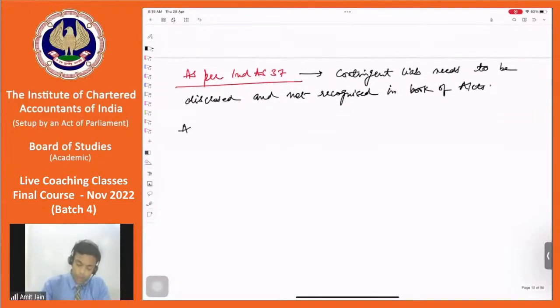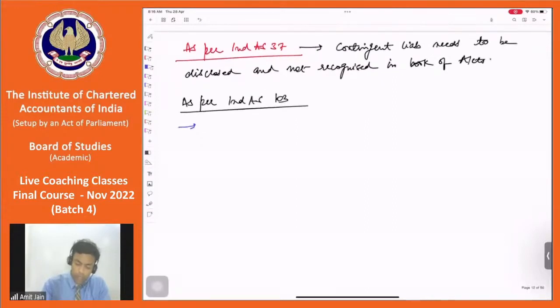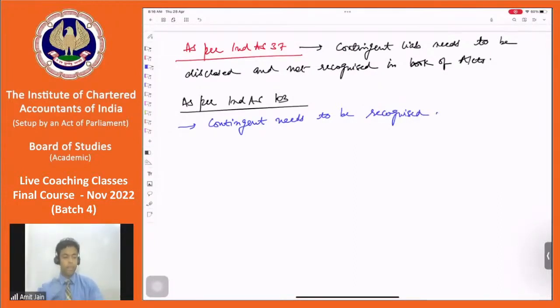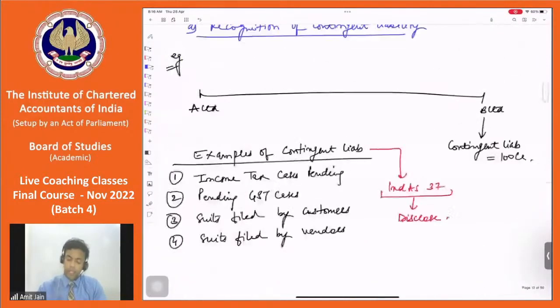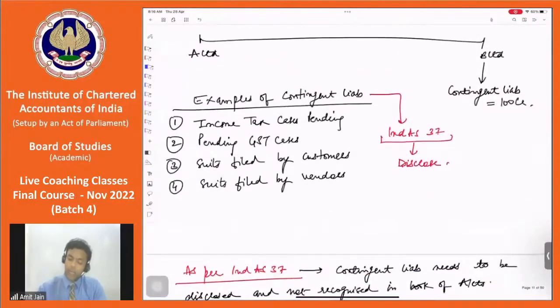But as per Ind AS 103, contingent liability needs to be recognized. Correct? So this is an exception. In the books of B, it is not recognized. It must have been disclosed in notes to accounts.